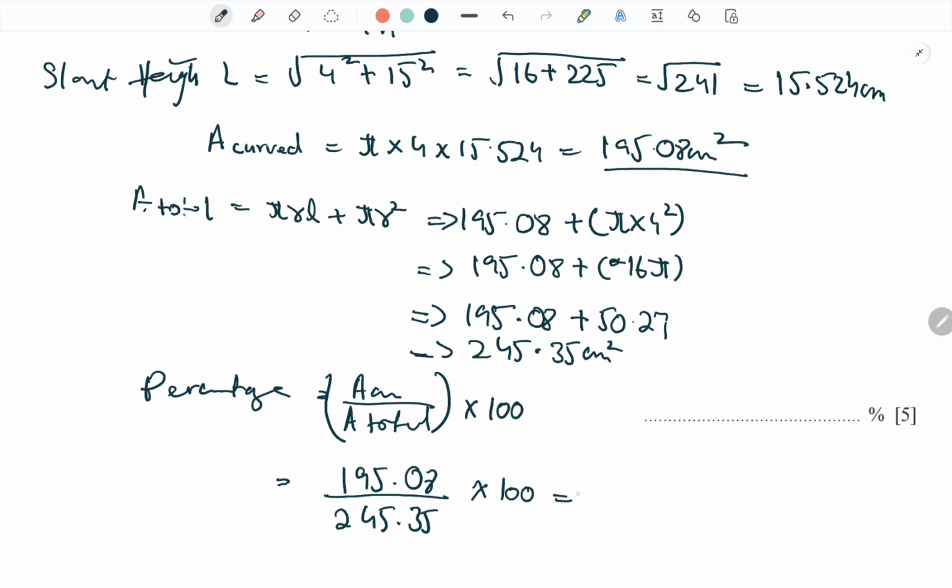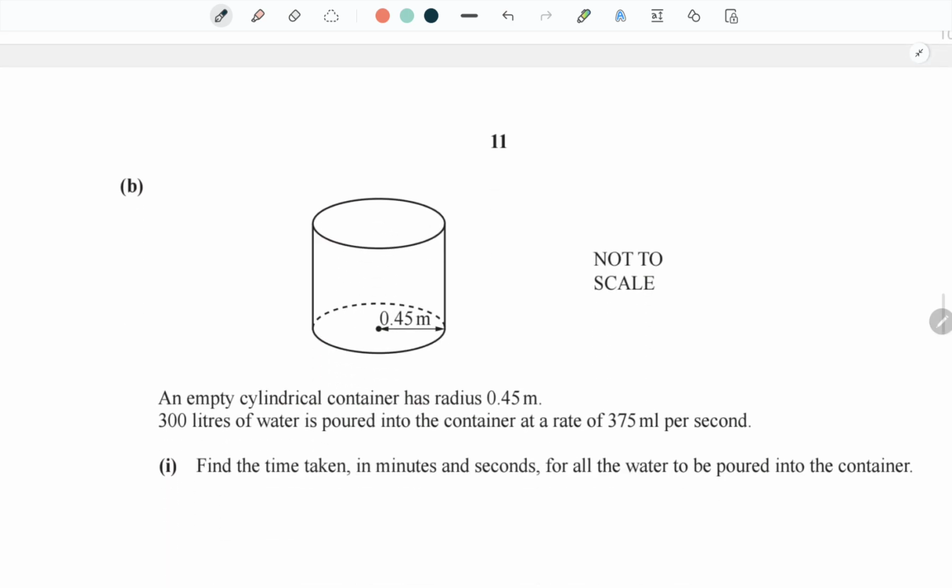Calculating this, we get 79.510, so 79.5% is the answer.